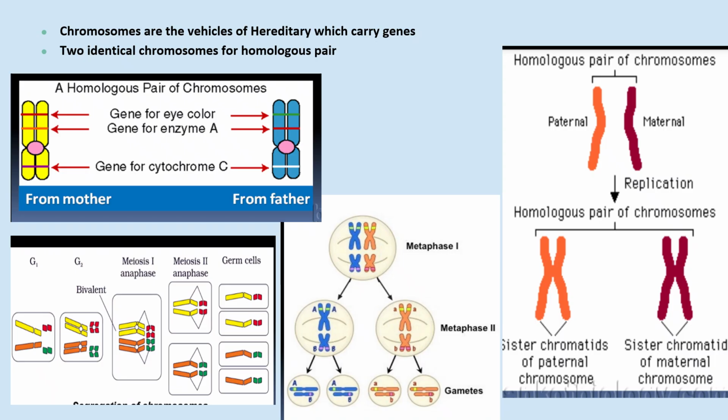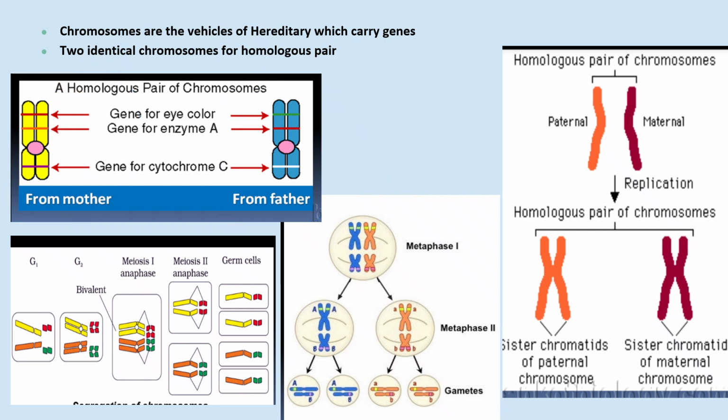The chromosomes that I was talking about, the chromosomes that you can see here, they carry genes. As you can see on the screen, this is a homologous chromosome, one from mother, one from father. Can you see the same location of gene? If the gene for eye color is at the upper position, the same will be the position in the paternal chromosome also, right?